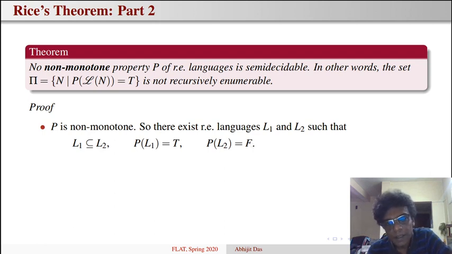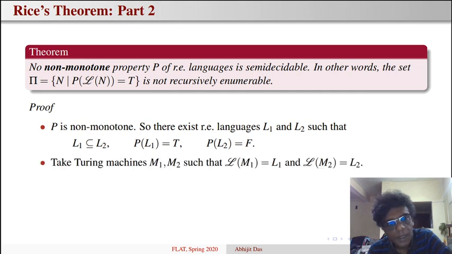Now, once again, since L1 and L2 are recursively enumerable languages, they are accepted by some Turing machines. Let us call them M1 and M2. So, the language of M1 is L1 and the language of M2 is L2. So, like Rice's theorem part 1, we can take any constant language L1, L2 depending upon the counter example of monotonicity as stated earlier here, right?